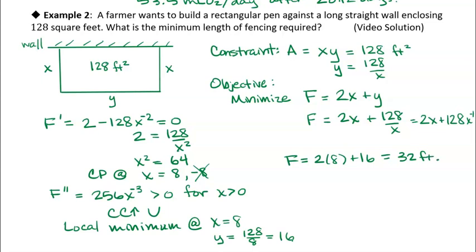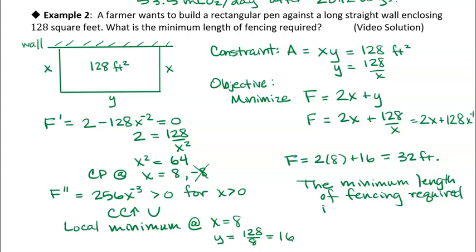So we can answer the question now. The minimum length of fencing required is 32 feet.